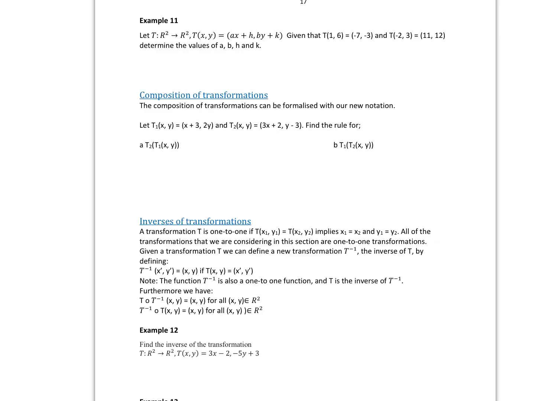All right, so this example here is a little example on almost simultaneous equations. I know the transformation T(1, 6) will result in (-7, -3).